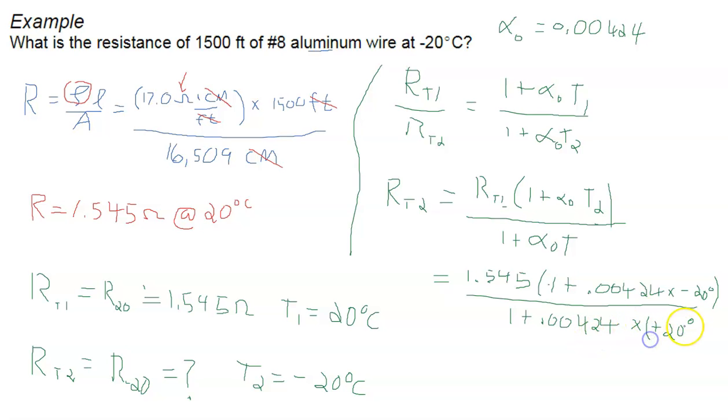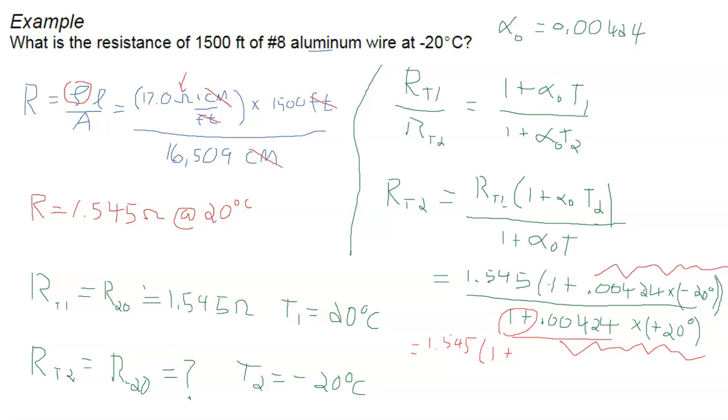Now, I don't know how many sets of brackets you want us to put in here, but the biggest mistake that we see in this section is that you'll do 1.00424 times 20, and that's not correct. The multiplication must be done before you add the 1. So add the 1 after. And so that becomes now 1.545 multiplied by 1 plus, multiply these two numbers together.